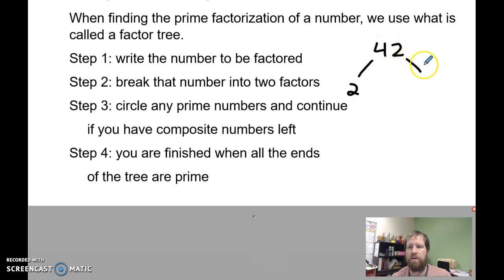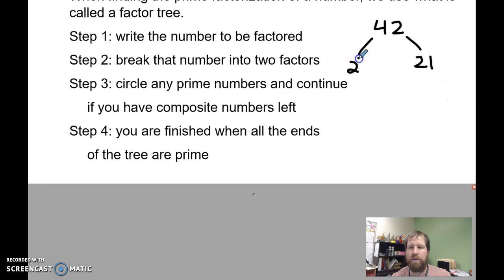We've got a 2, and then half of 42 is 21. Okay, and 2 is a prime, so I'm going to circle that. 21 is not even, so I know 2 is not going to be a factor, but I do know that 3 is a factor. So 3 is going to be a factor, and 7, 3 times 7 is 21. 3 is prime, and so is 7.